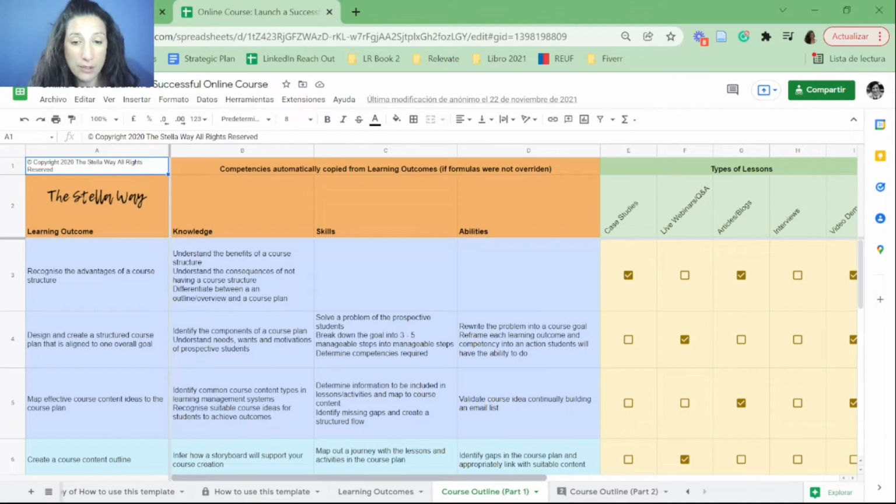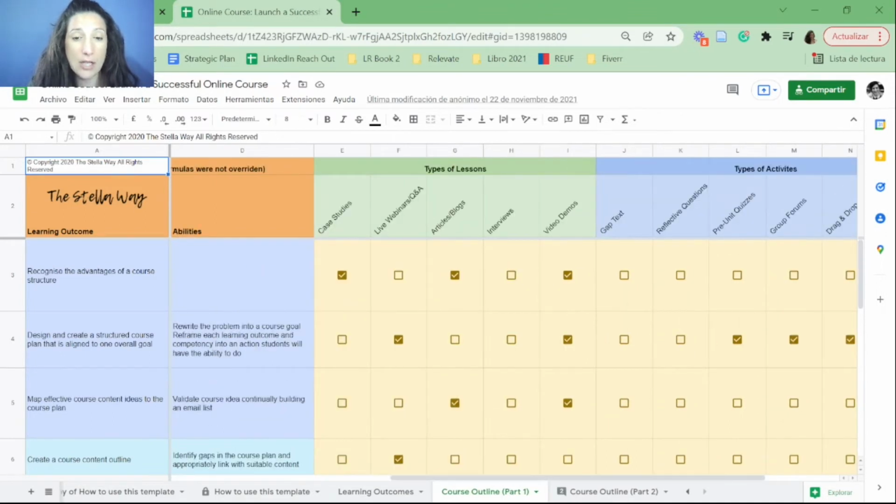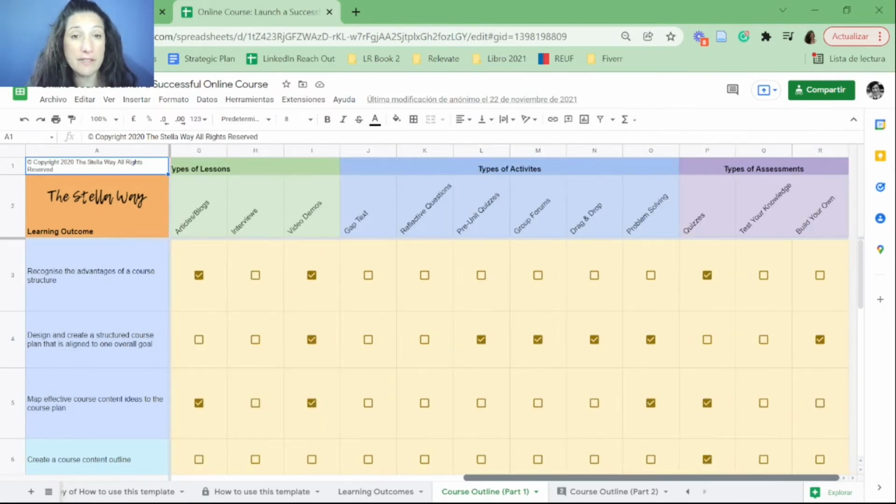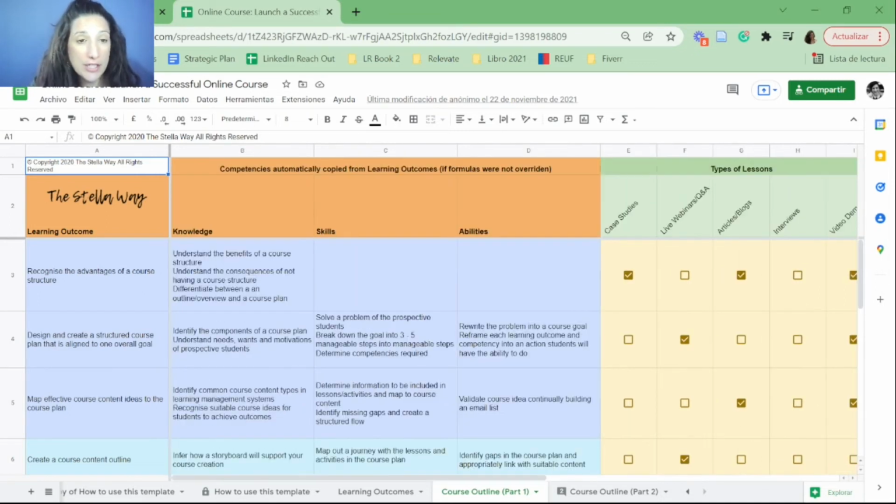In my curriculum, you will find that in the course outline part 1, there are some examples. There are examples of different types of lessons, different types of activities, and different types of assessments. So you can look at your knowledge, skills, and abilities and say, okay, for my students, if you're considering your ideal student or the group of students you've conducted market research on, for them to understand the benefits of a course structure, how can I demonstrate that to them?